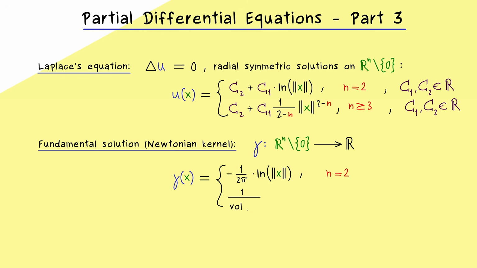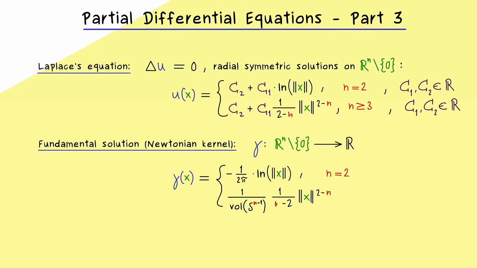And now I want to divide by the volume of the unit sphere in Rn. So more precisely, this is the n-dimensional volume of the n-1 dimensional unit sphere. So this is the choice of the constant, but you see I also want to have this positive, so I have to include a minus sign as well.